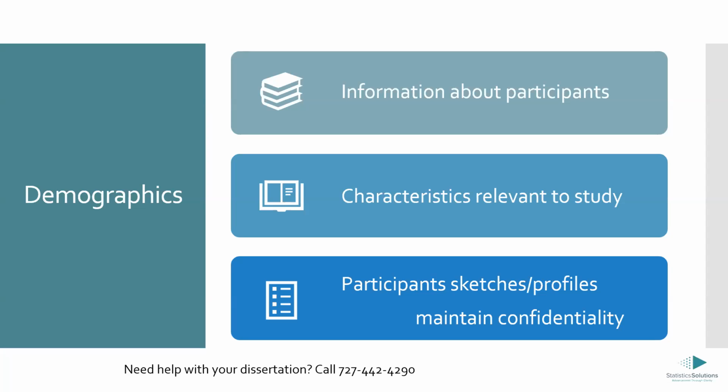It's important to understand how long your participants, maybe their tenure at this organization. So that would be appropriate to present. Maybe their age is appropriate. Maybe their gender is appropriate. Maybe the length of time they've held a particular position within a company is important. So you just want to think about what makes the most sense to present to your readers.